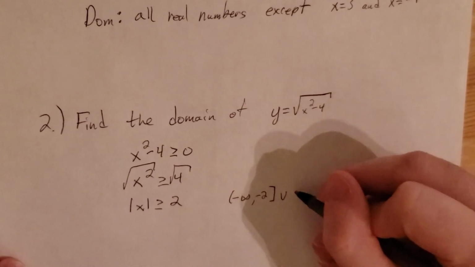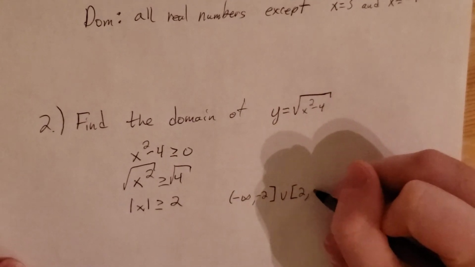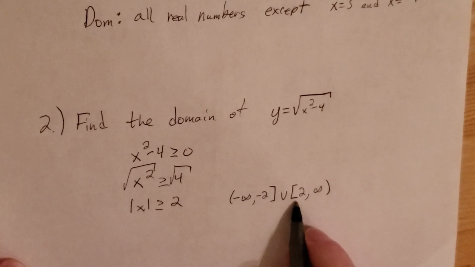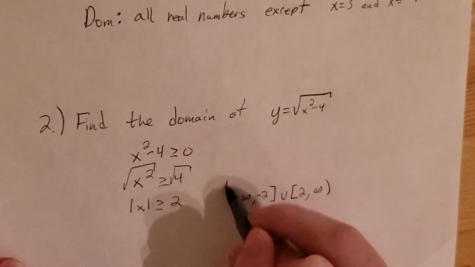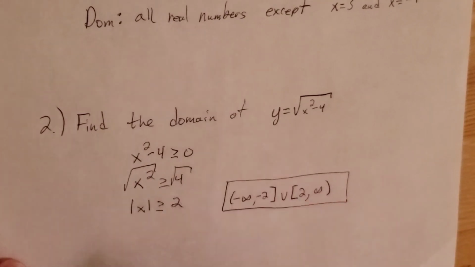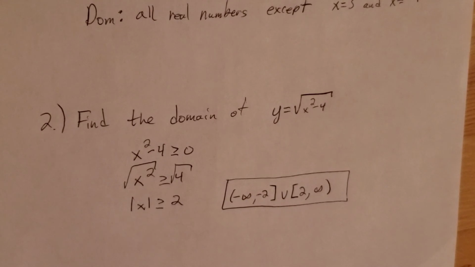And we have 2 to infinity, including the positive 2 here. So our domain is the union of those two intervals. And that ends this review of the domain of a function.